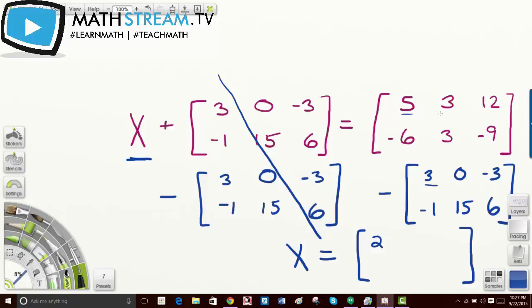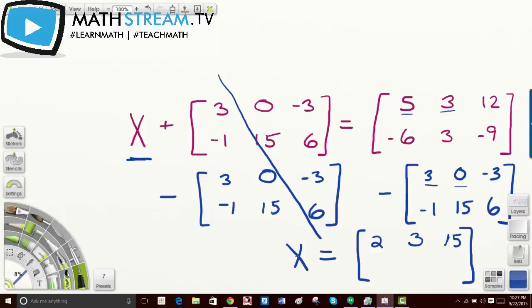Going to 1, 2, row 1, column 2: 3 minus 0 is 3. Position 1, 3, we have 12 minus negative 3. So we're saying 12 minus a minus, which is like saying plus, so that's a 15. 12 minus negative 3 is 15. And then going to the second row, negative 6 minus negative 1.